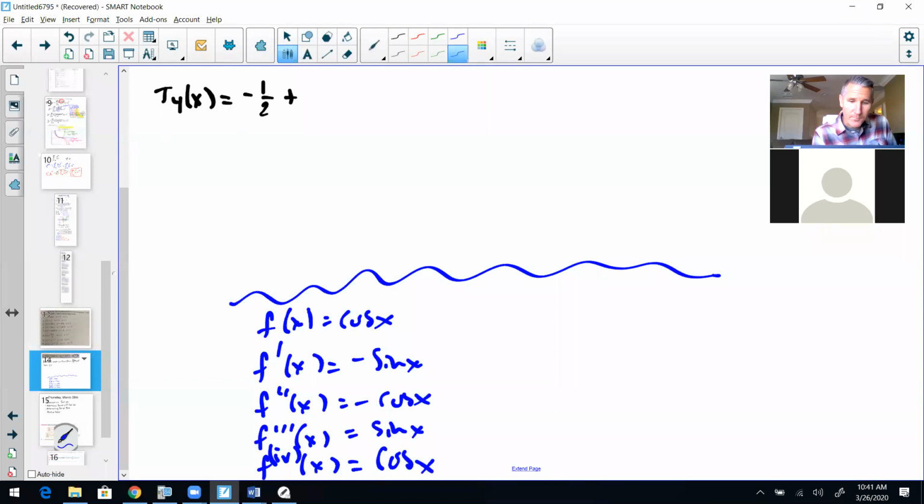And so at x equals 2 pi over 3, we just found that cosine was negative 1/2. So negative sine of 2 pi over 3: well, the sine of 2 pi over 3 is going to be what?